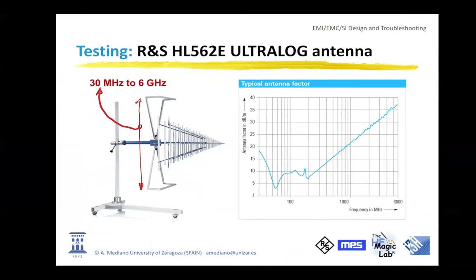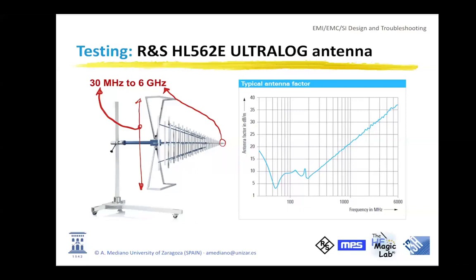And the shorter rods will be used for measuring the high frequency, in this case, 6 gigahertz. So with one antenna, you will be able to measure from 30 megahertz to 6 gigahertz without changing the antenna. The antenna in this picture is in vertical polarization.